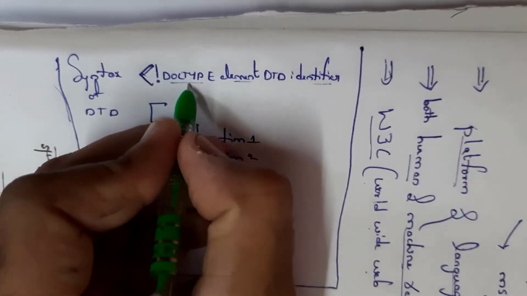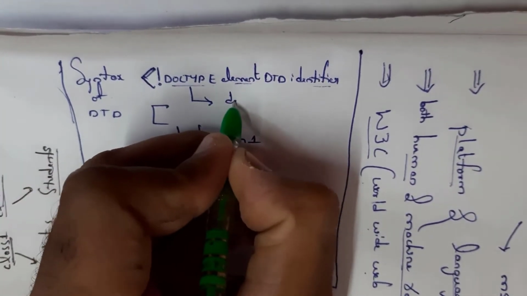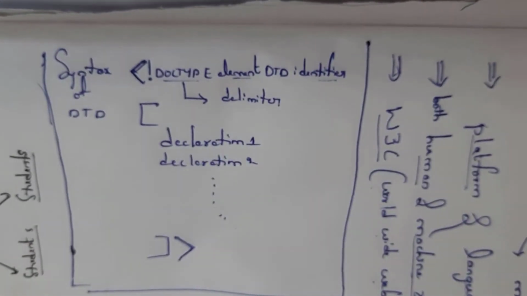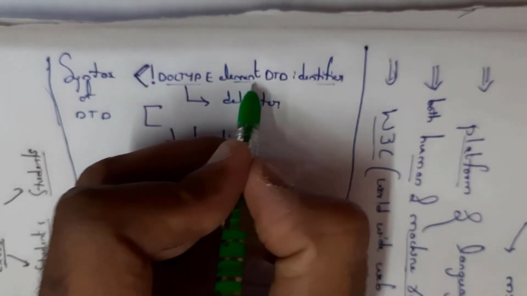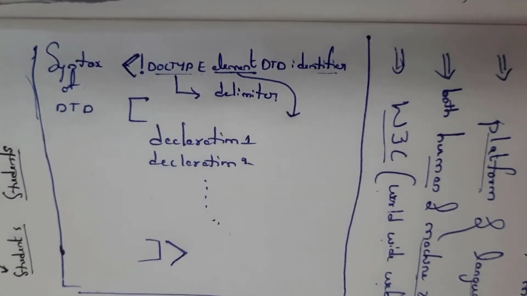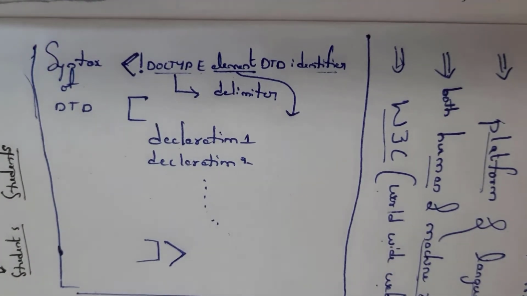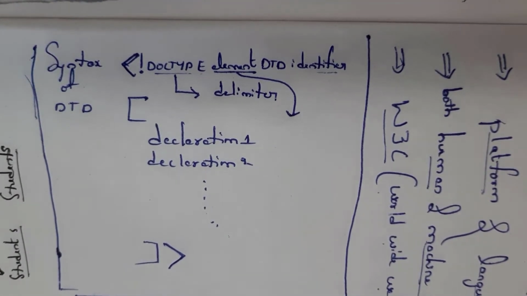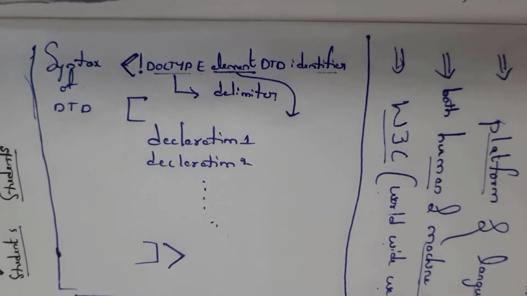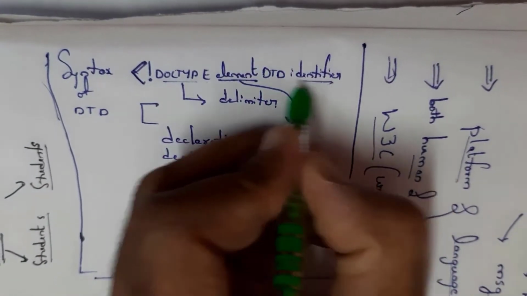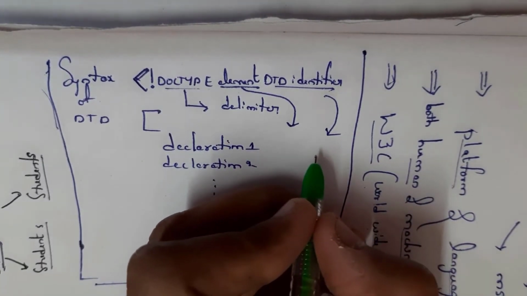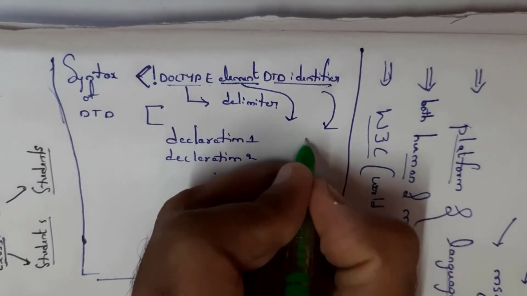See, this document type is known as delimiter, and whereas this element is parser to parse document from root element, and whereas this DTD identifier is identifier for document type definition.